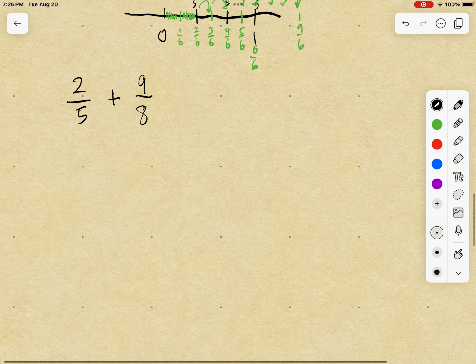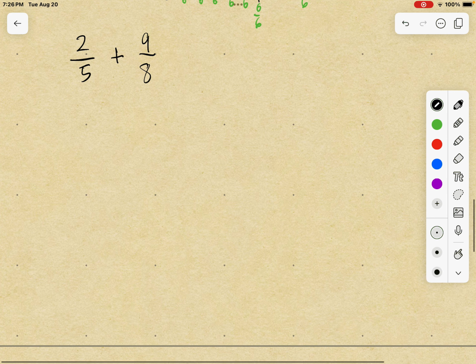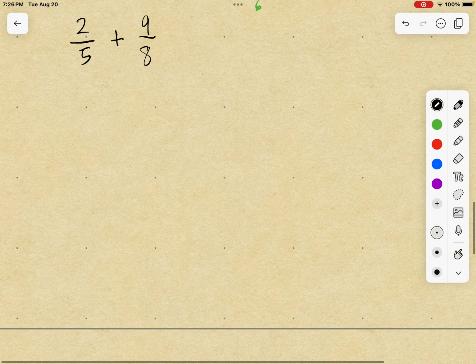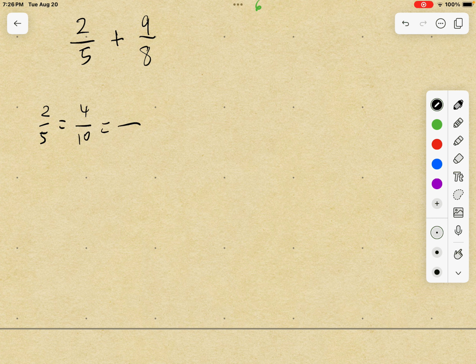Well, here it's a bit harder to see what the common denominator could be, but when you look at 2/5 and look at the different possibilities, this is equal to 4/10, right? In terms of 15ths, it's 6/15, and this just keeps going. And what you notice about the denominators is that these are all multiples of 5.